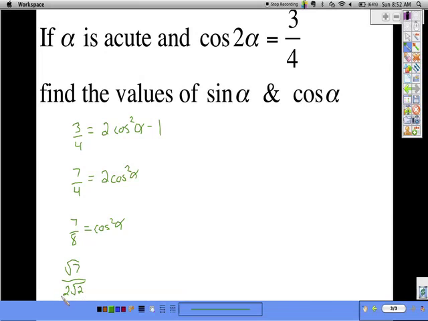And with radicals, you really should simplify them. You should pull out and simplify the square root of 8. If you want to rationalize, you can.